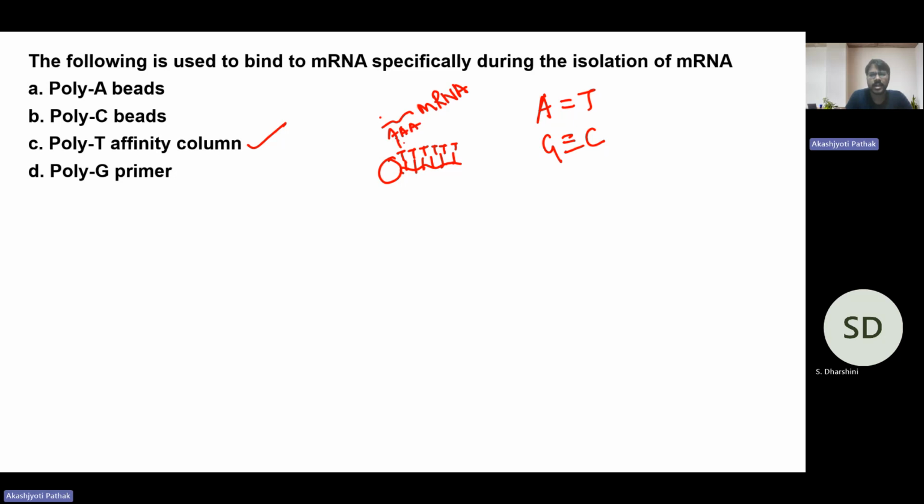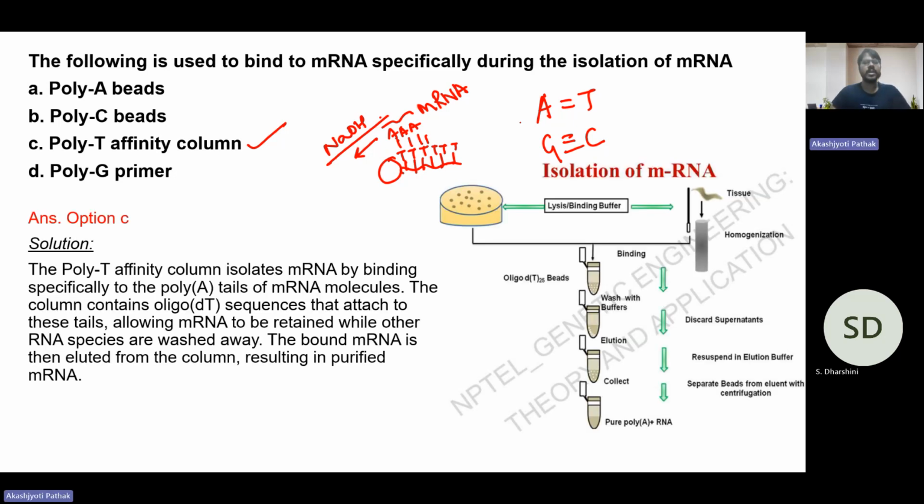So this poly A tail and this oligo DT resin will bind to your mRNA, while all other RNA will get eluted. And then you can gradually elute this mRNA by treating it with a particular concentration of NaOH. So it is poly T affinity column.